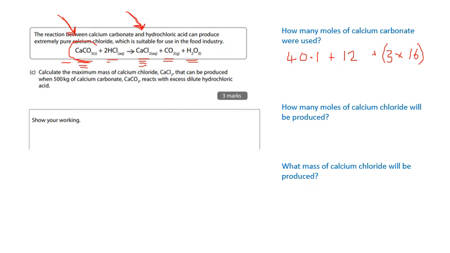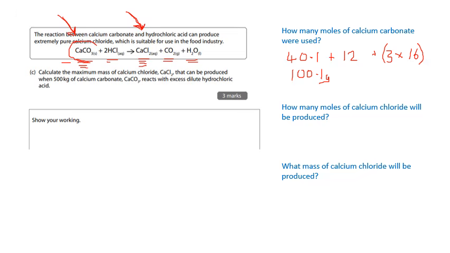And so my relative formula mass for calcium carbonate is 100.1 grams. Now that's 1 mole.